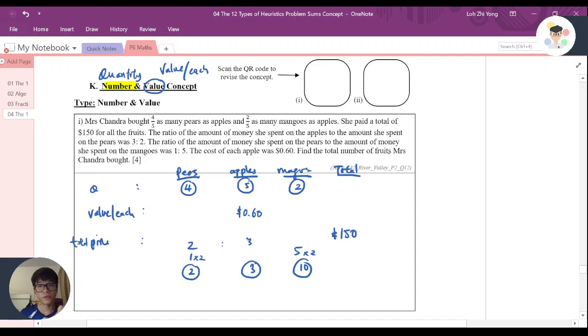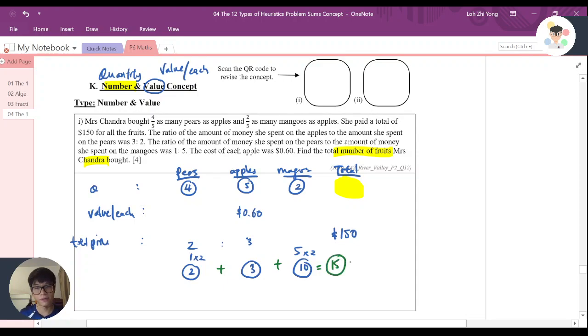Find the number of fruits that Mrs. Kendra bought. So the question now is looking for the total number of fruits that Kendra bought. Now, we know a concept here, which is 2 units plus 3 units plus 10 units is equivalent to 15 units.